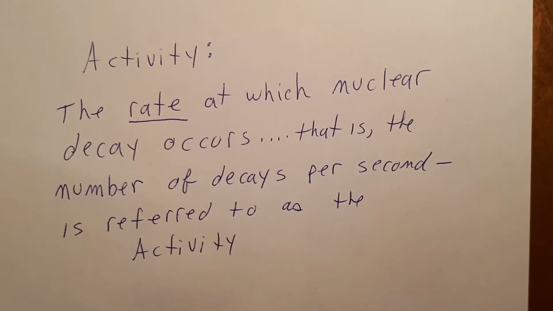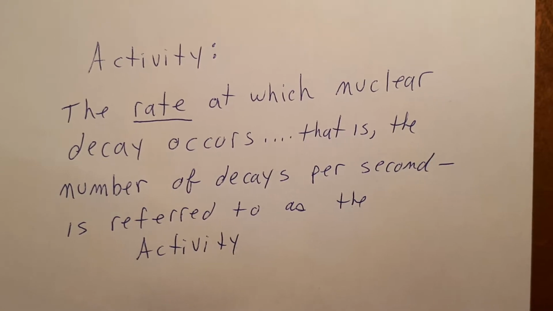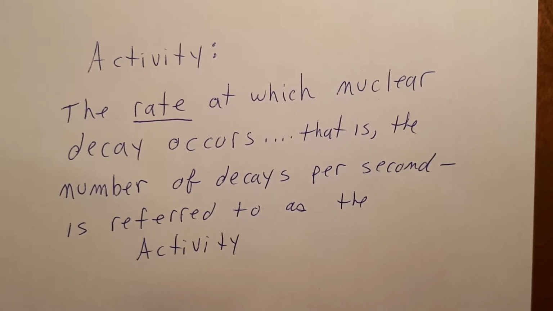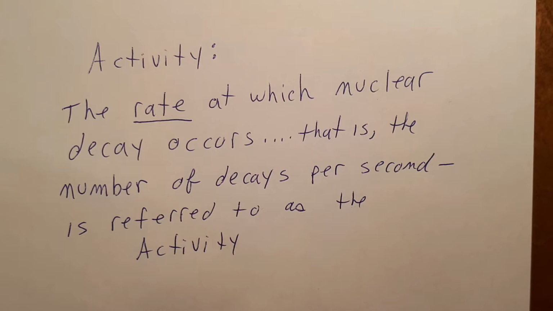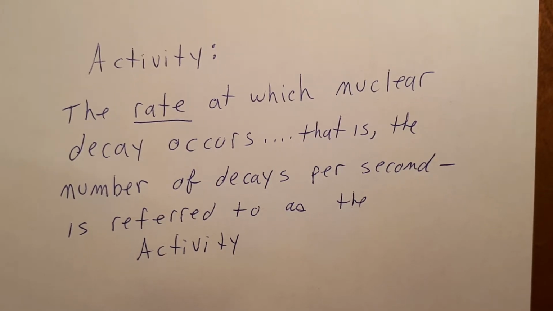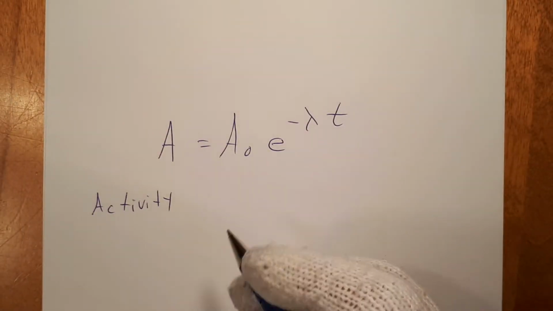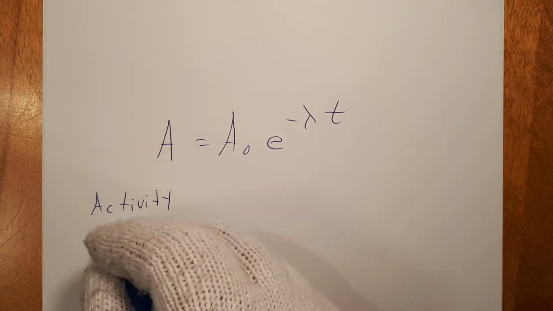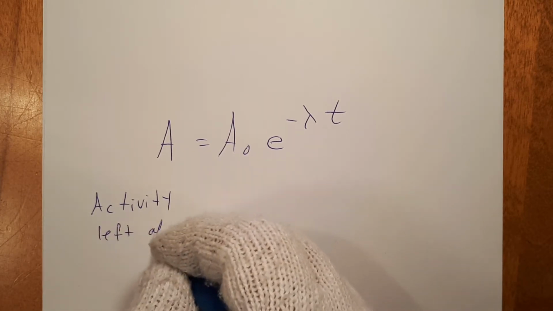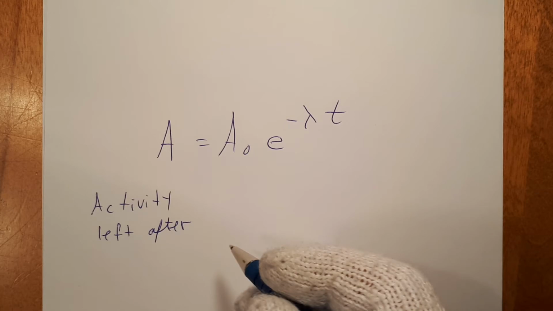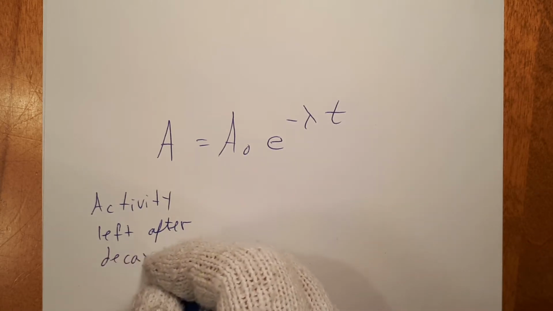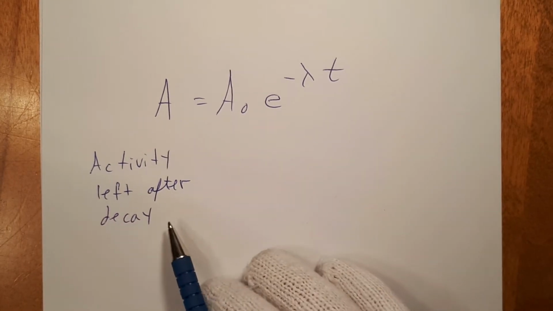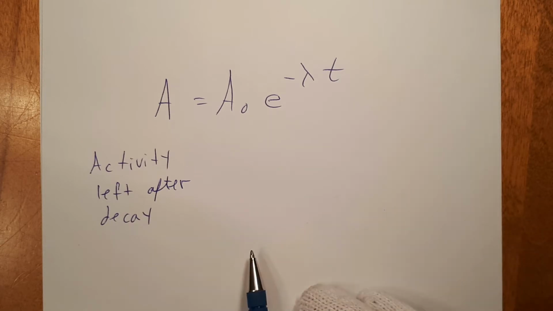And remember the word rate that I said back in class many times, something divided by time. A represents the activity left after decay. Amount that is left over after a period of time.